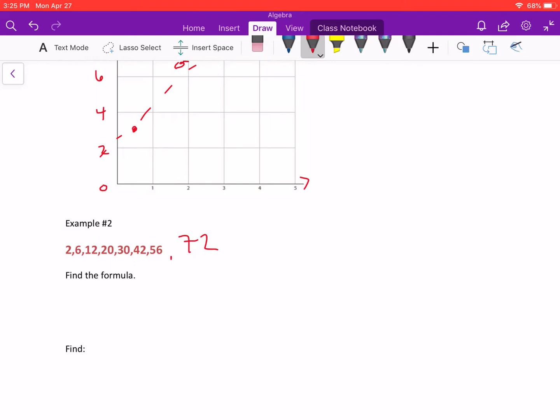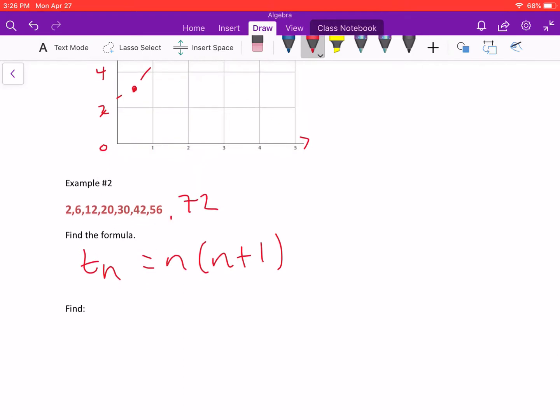And so that formula is found by taking t sub n equals n times n plus 1. And so you can use this formula on this example to find any n. So let's find t of 1,000.